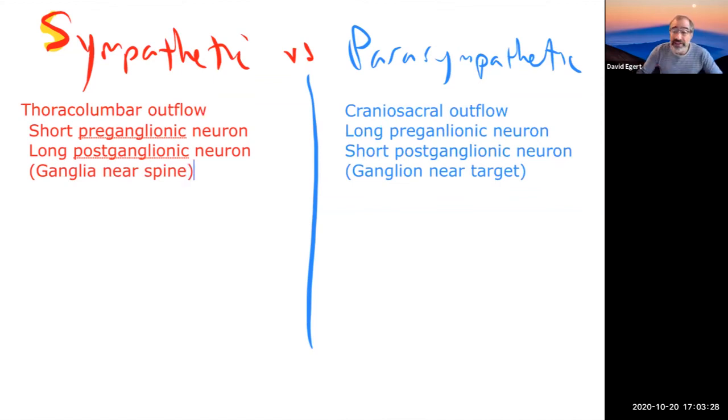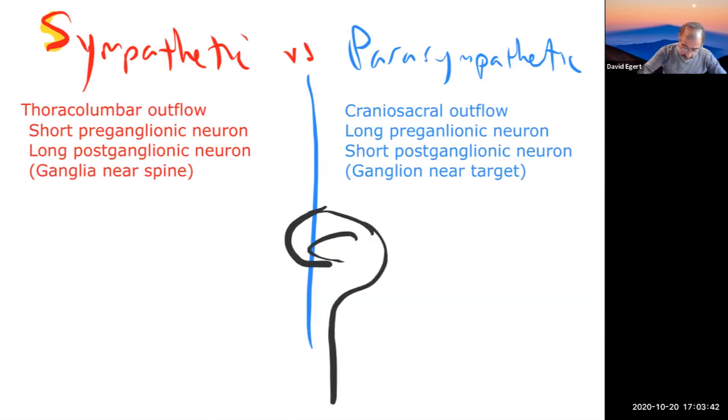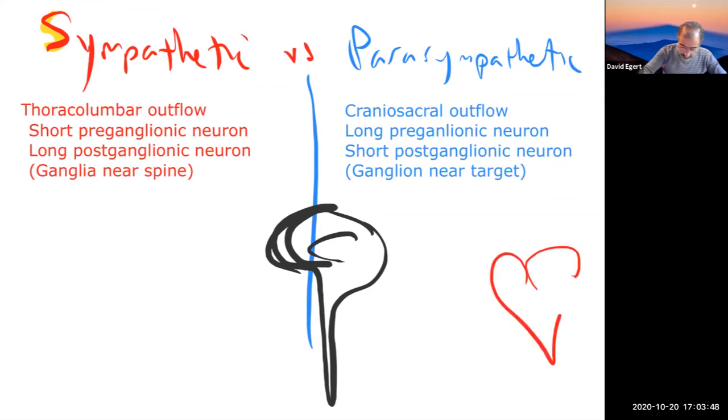So if you've been in anatomy, you remember the whole sympathetic chain ganglia going up and down near the spine. So if I draw it out, it's like this. Like here's the brain and the spinal cord. And like I was saying, if the heart is supposed to be like our target organ here.